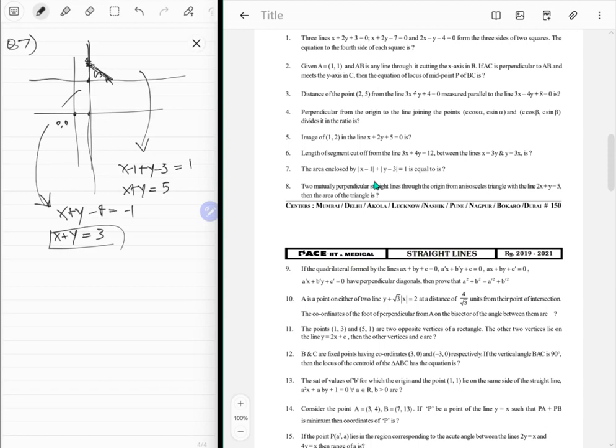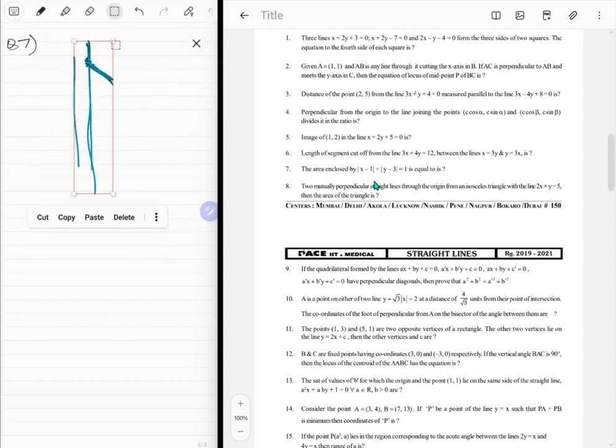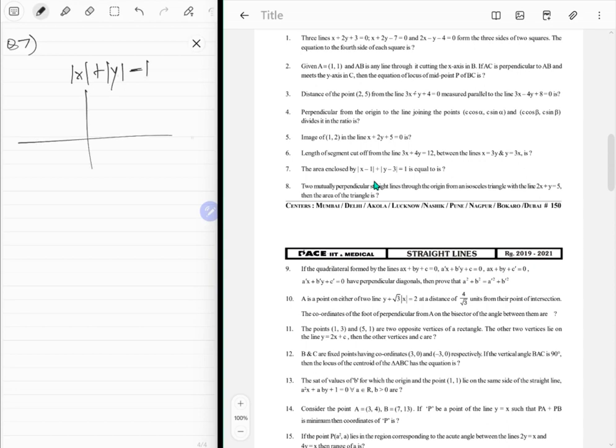In fact, we can shift the whole coordinate system to this point, so why even worry about doing this? If you just want the area, which is not related to coordinates anyhow, just look at mod x plus mod y equal to 1. That's much easier.